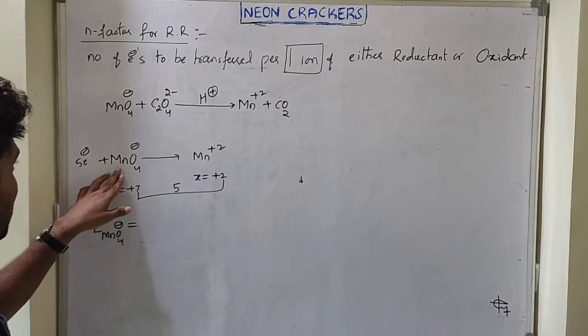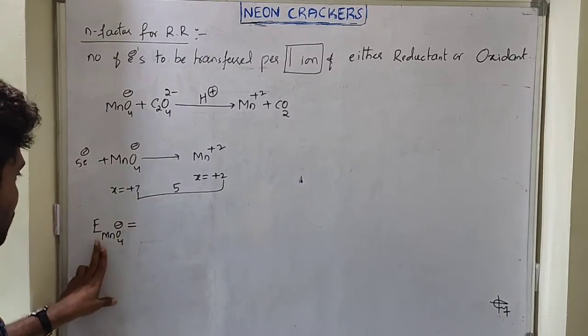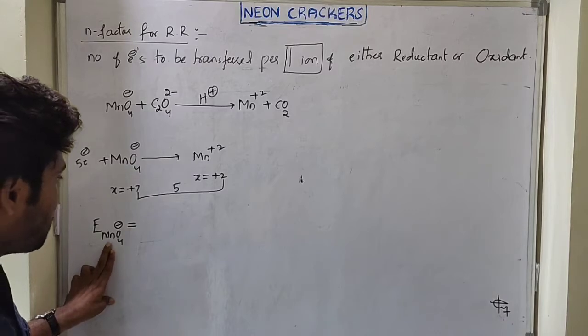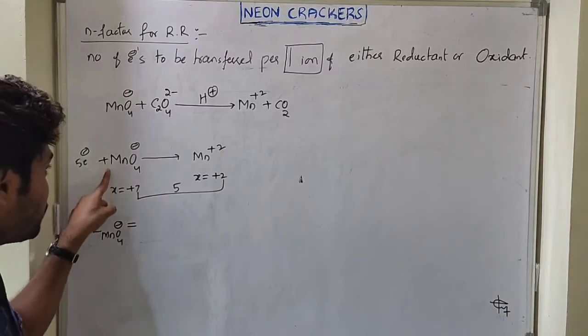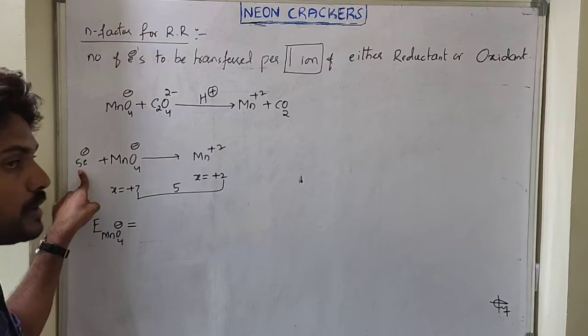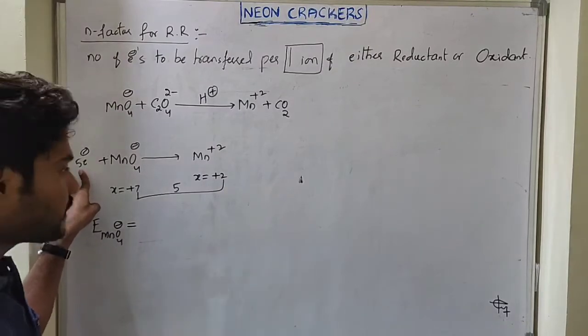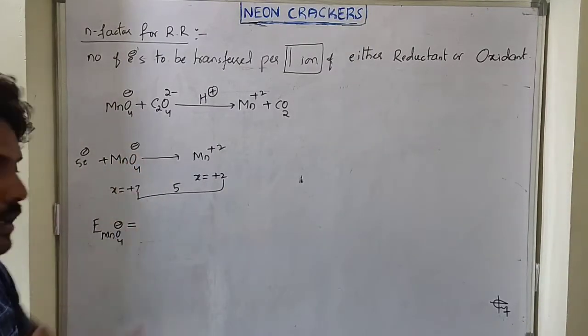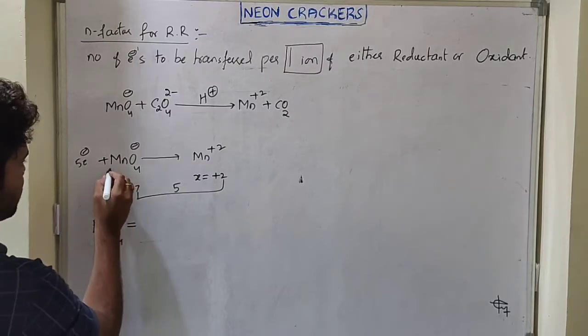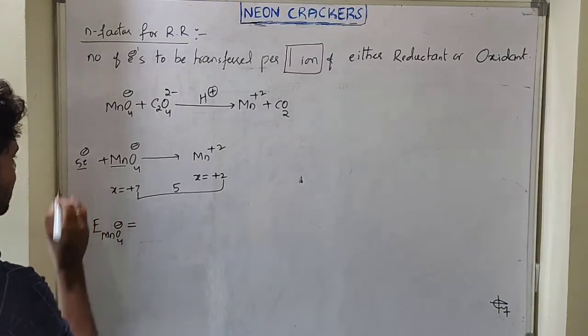So in further reactions, if you want to find out the equivalent weight of MnO4 minus, per 1 mole of this ion how many electrons are transferred, that will be the n factor for MnO4 minus only. Now in this balanced equation only one ion is there, 5 electrons are there.